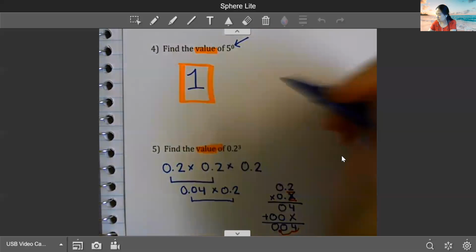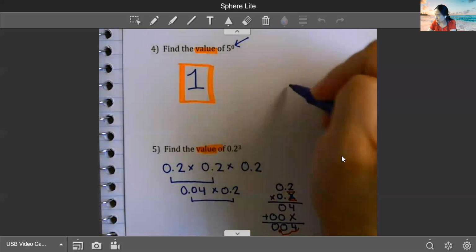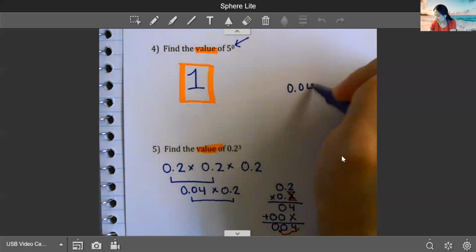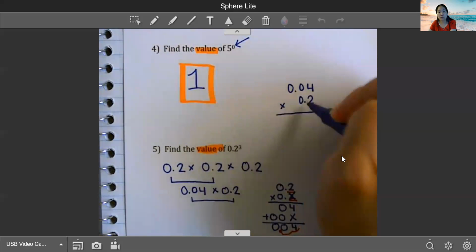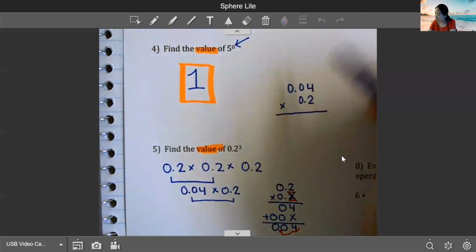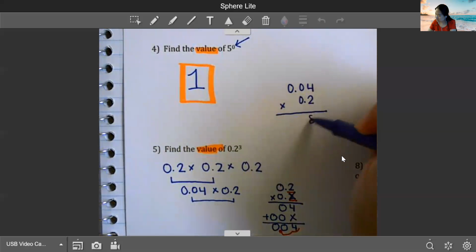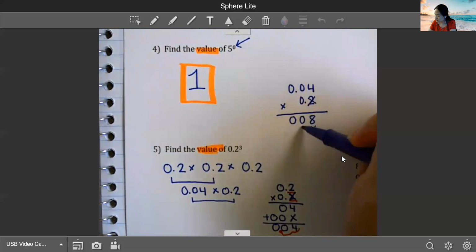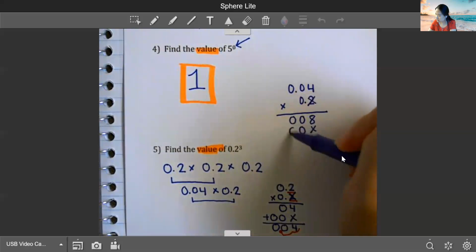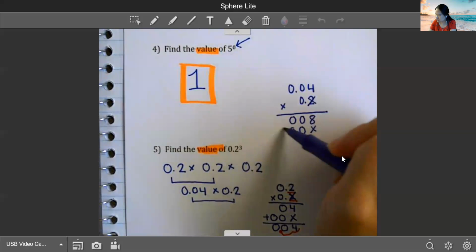And now I need to multiply that by the last 2/10. Let me show the work right above here. So I have 400 times 2/10. Again, notice how I'm not lining up the decimal points. That's not necessary. 2 times 4 is 8. 2 times 0 is 0. 2 times 0 is 0. X out for the placeholder. 0 times 4 is 0. 0 times 0 is 0. 0 times 0 is 0.